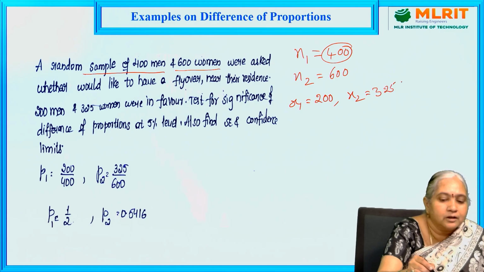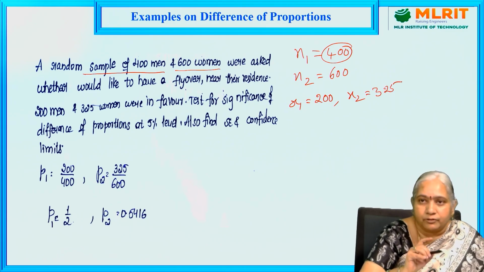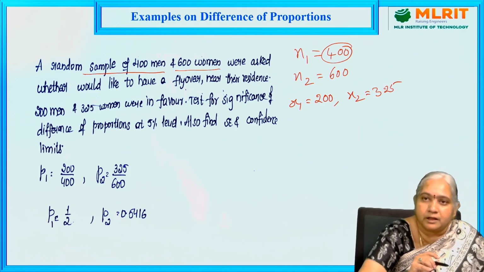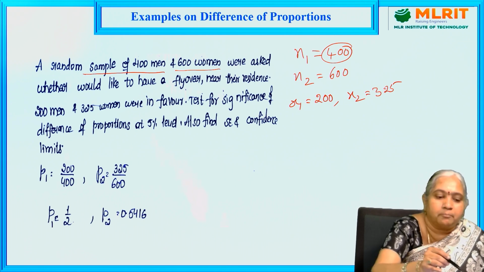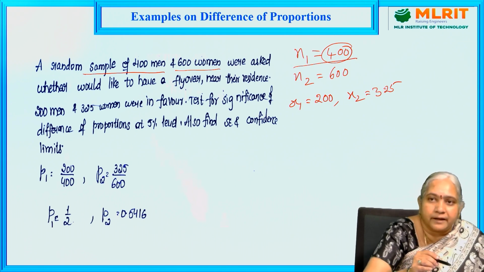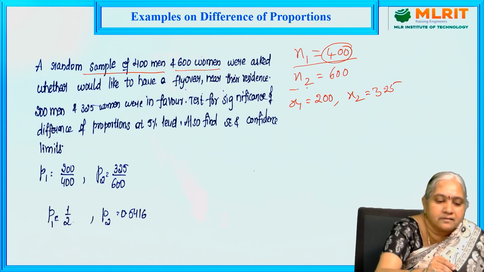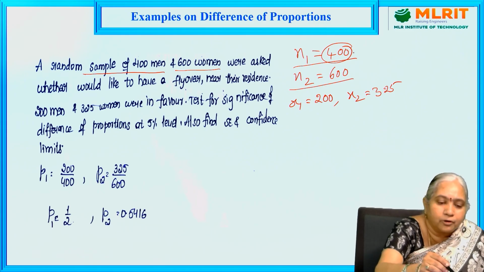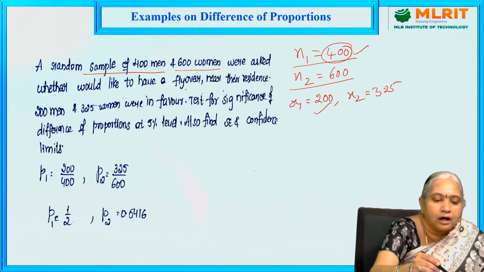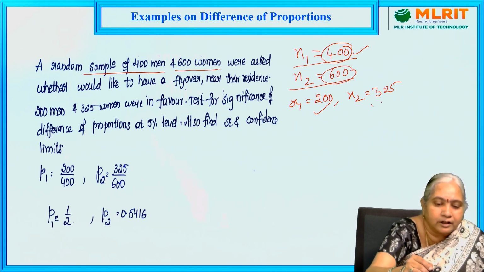So from the first population they took the first sample of 400 and from the second population the second sample of 600. Out of 400, 200 are in favor; out of 600, 325 are in favor.